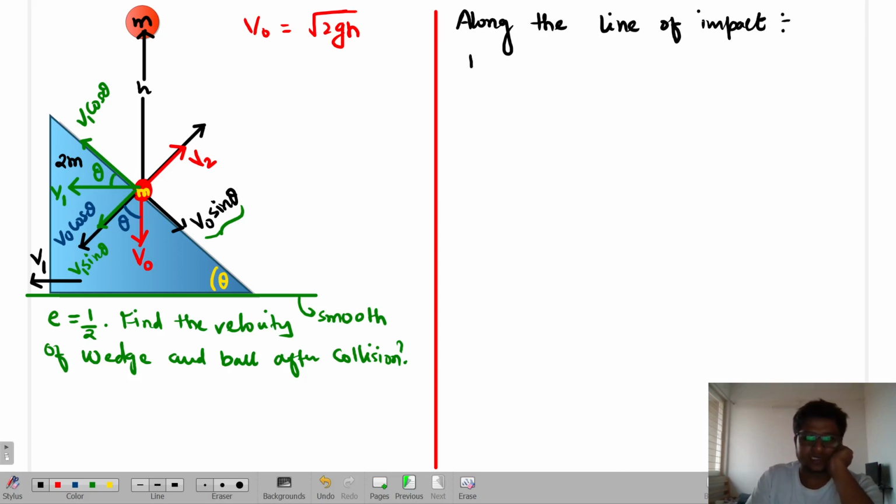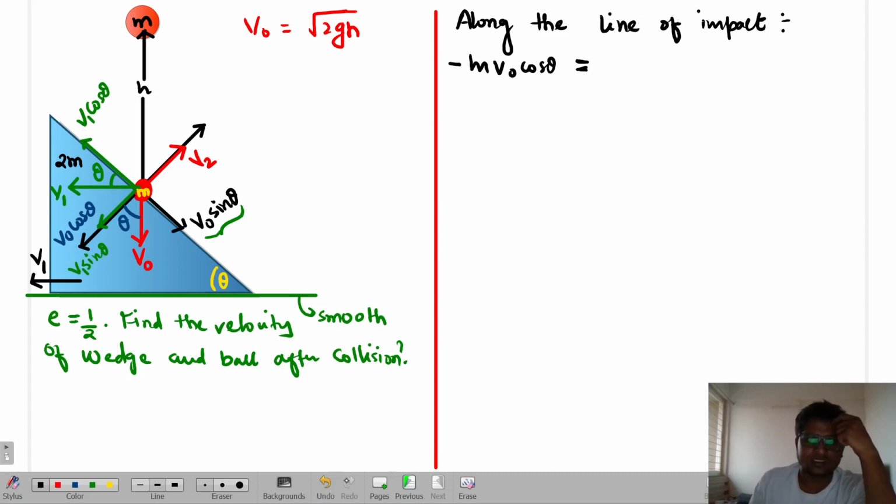Along the line of impact, the mass m has velocity v0 cos theta, isn't it? That must be equal to, if I'm taking downward as positive, upward I have to take as negative. So let us take it negative only.